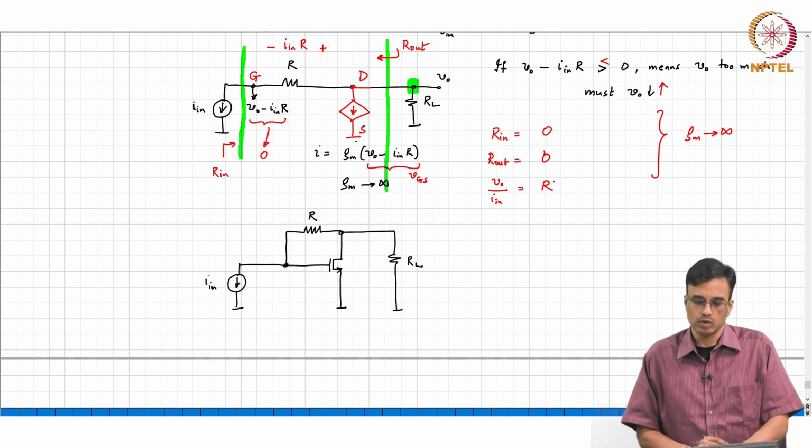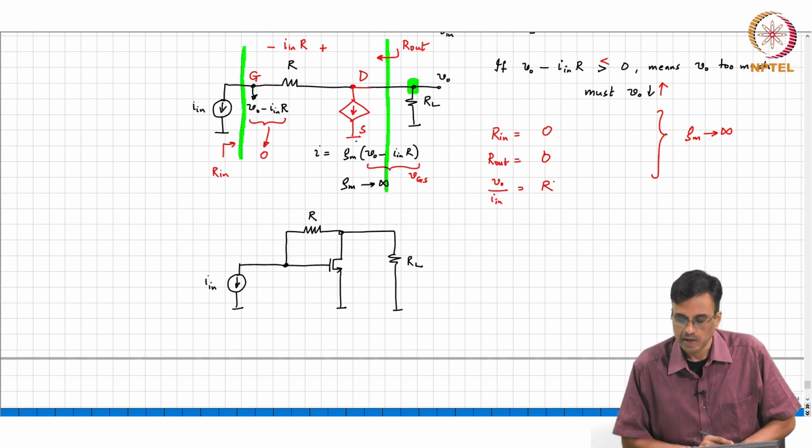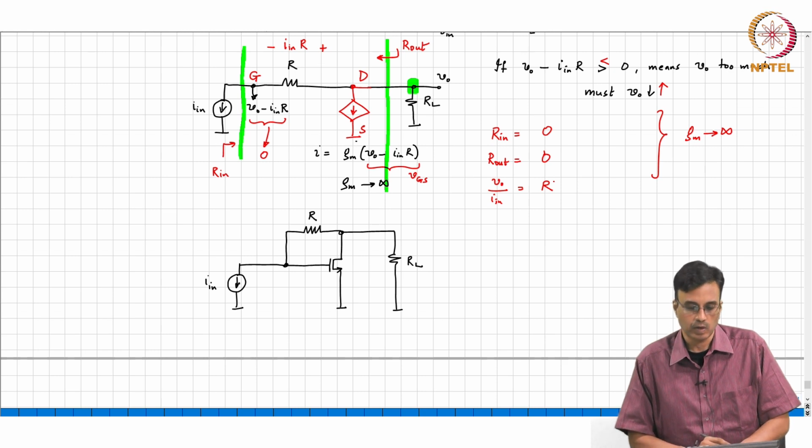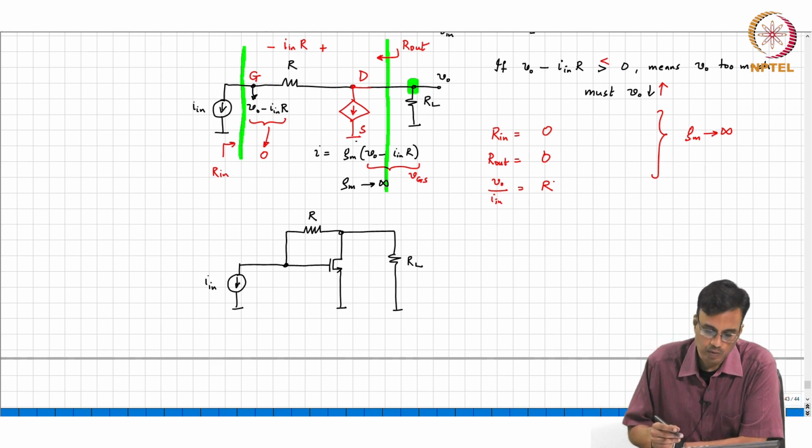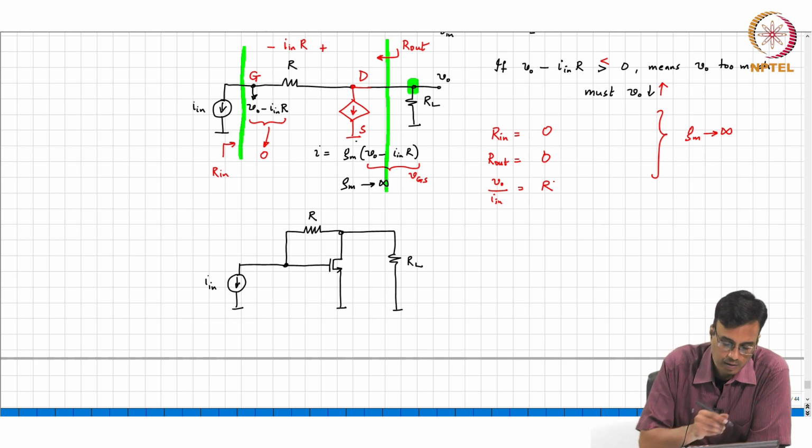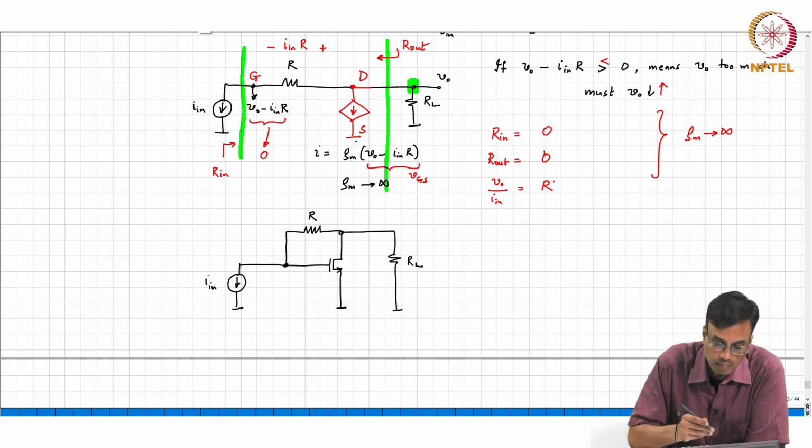All right. So, the next step is to find out what it means to have a high Gm. Okay. And before that, I would like to add a small extension.